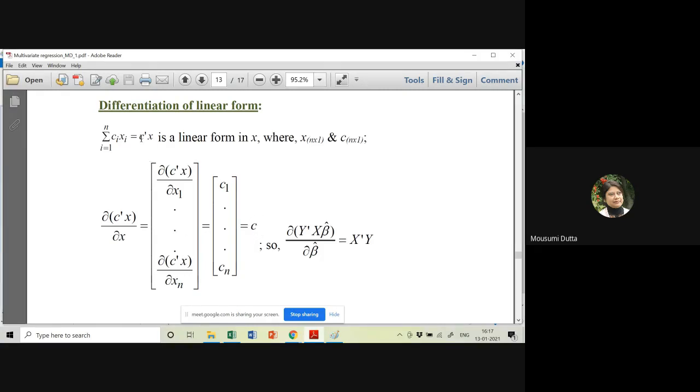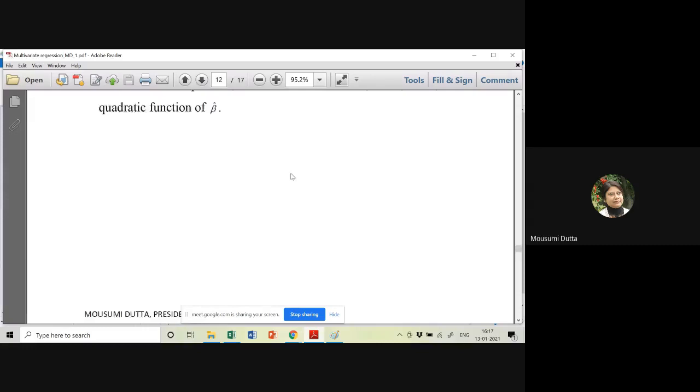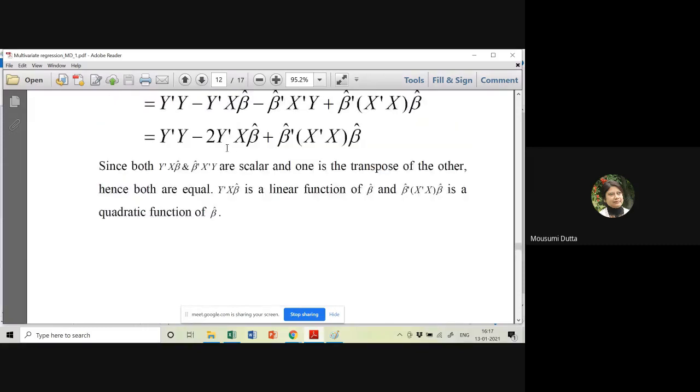So I'm starting with differentiation of C prime x with respect to x, and I'm getting back C, not C prime. Now coming back to our analysis, I have the term minus 2, which I'm not considering at this moment.